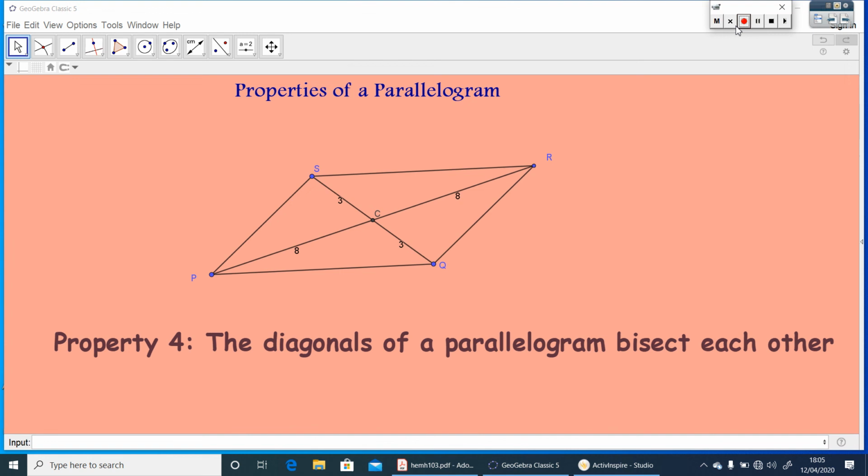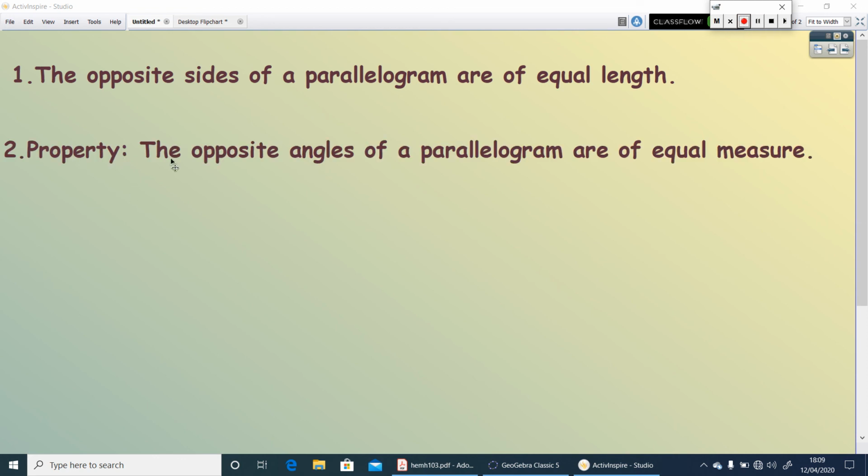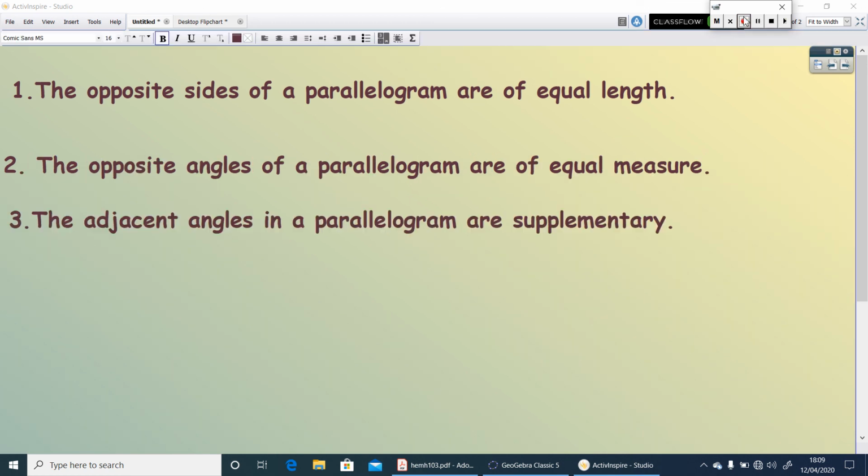So here we discussed four properties of a parallelogram. The first one is the opposite sides of a parallelogram are of equal length. The second property is the opposite angles of a parallelogram are of equal measure. The third property is the adjacent angles in a parallelogram are supplementary.